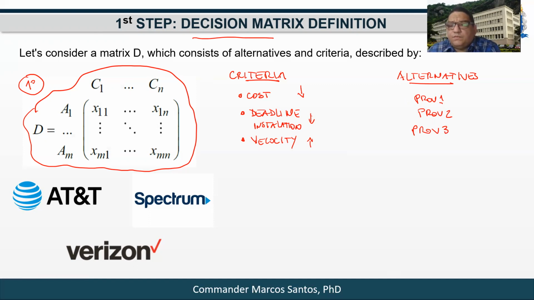But look, we can work with more if you want. You can work with more criteria: criteria 4, 5, 6, 7, whatever you want. And you can work with more providers: provider 4, provider 5, provider 6.